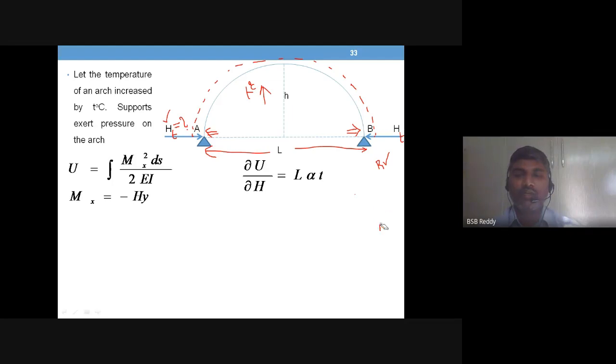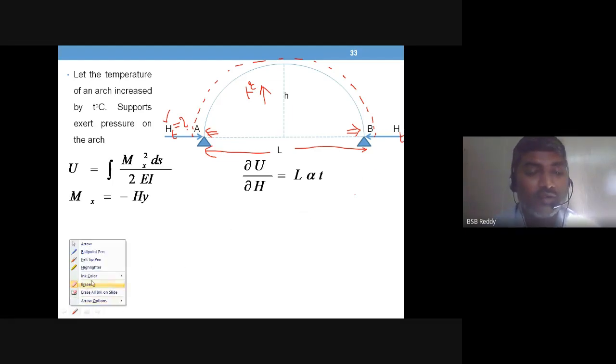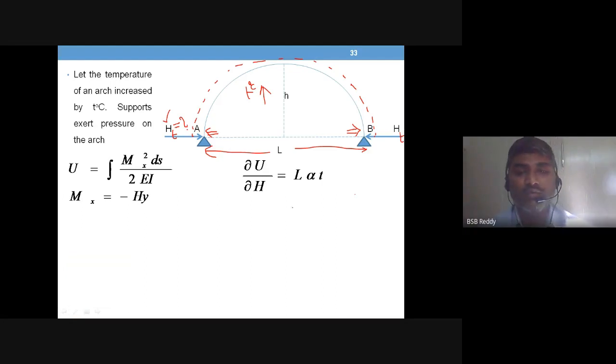Delta is now replaced with what? L alpha T, which is the change because of the temperature change, right? So dou u by dou H is equal to delta. This is how it has come.